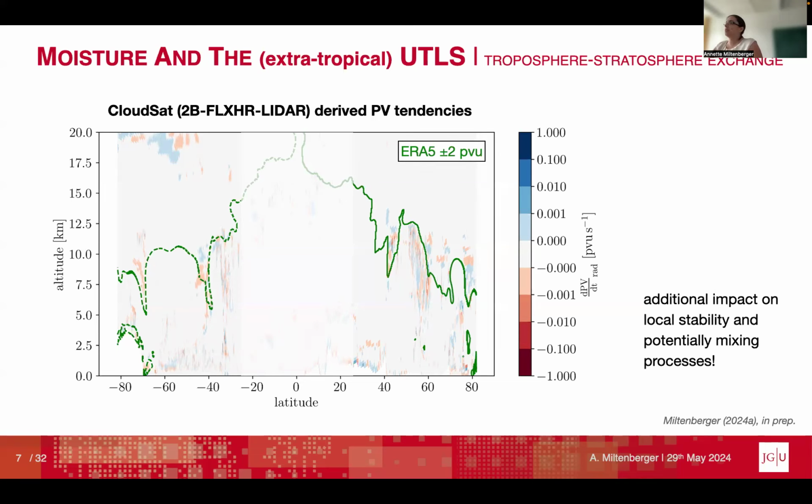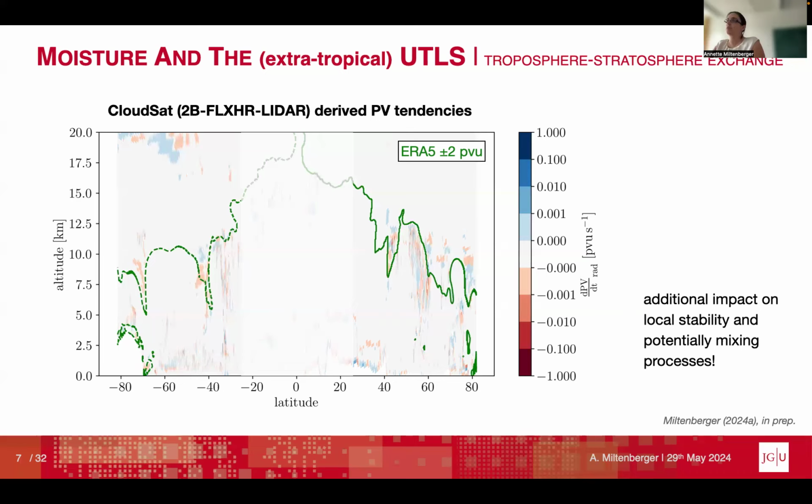And this is just a random CloudSat profile taken, I think, in 2017. What you can see is that we see very large tendencies, so this is per second, located right next to the 2 PVU tropopause. And this is particularly the case here around 60 degrees north.